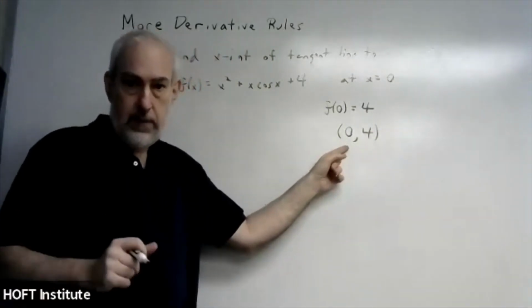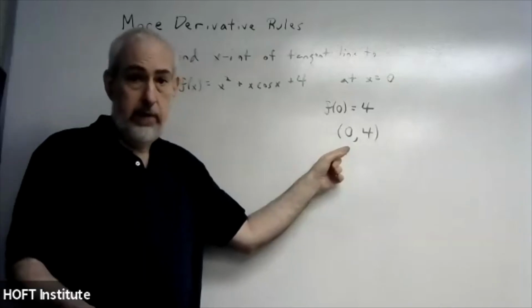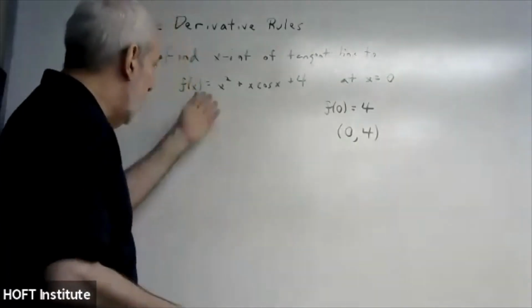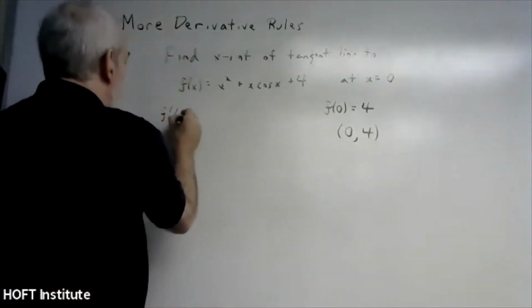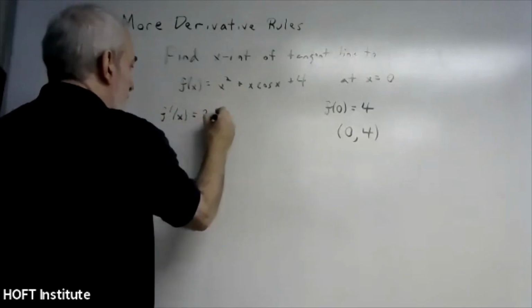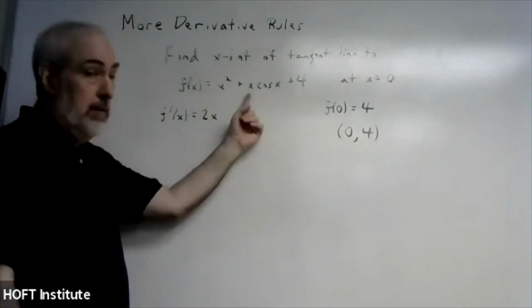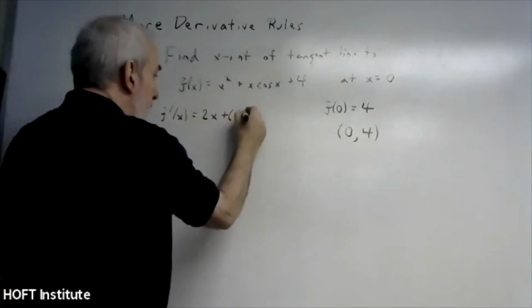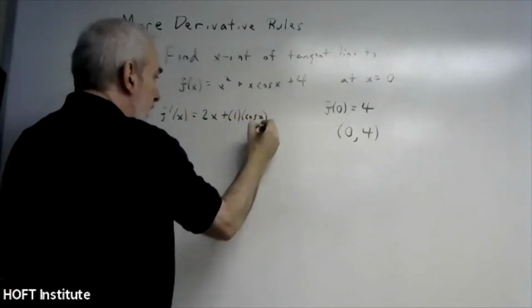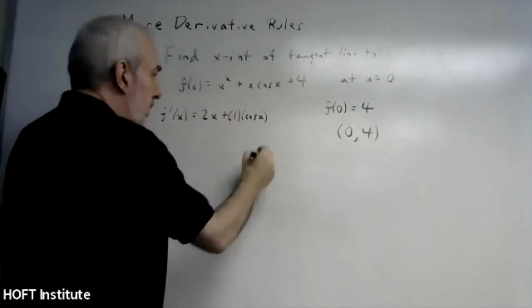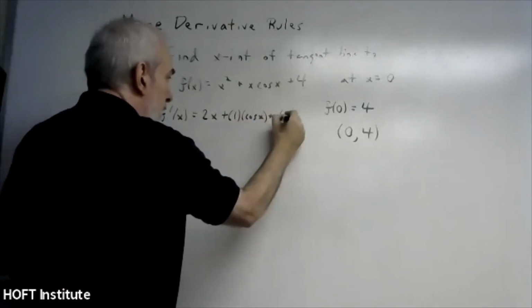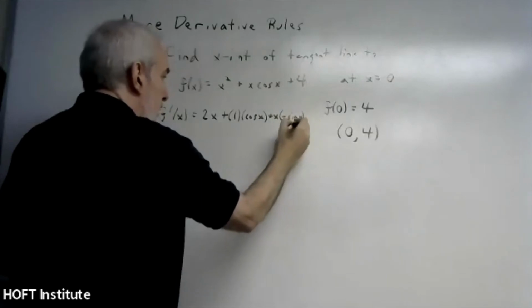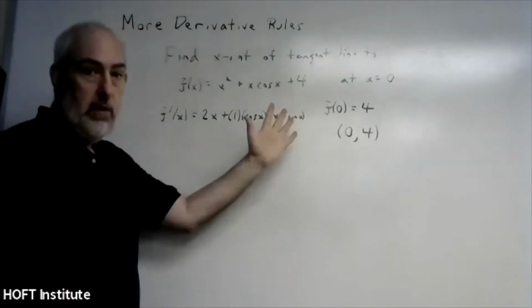Now we need the slope of the tangent line, which is the derivative. So now we need to take the derivative of this equation. So the derivative is 2x plus, and then this is a little product rule. So the derivative of the first is 1 times the second cosine of x, and then plus the first x times the derivative of cosine, which is negative sine of x, and then the derivative of 4 is 0, so that just goes away.